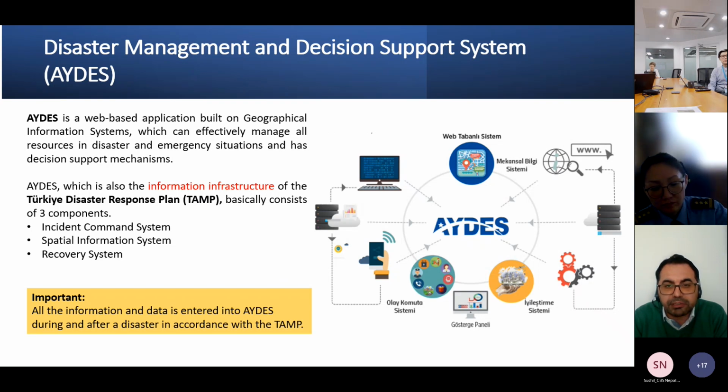All the institutions specified under TAMP use this system to conduct their activity and enter data through the specific modules assigned to them, like the health module, damage assessment module, or search and rescue modules. So here we can say that IDES can be considered the main data source for the disaster-related statistics, and also for filling our DRSF tables for Turkey.